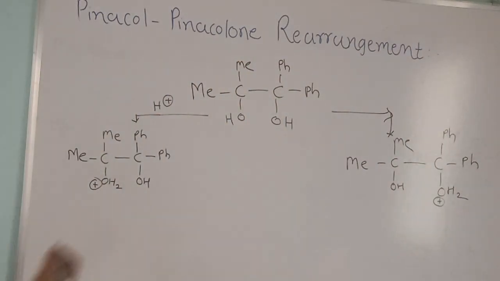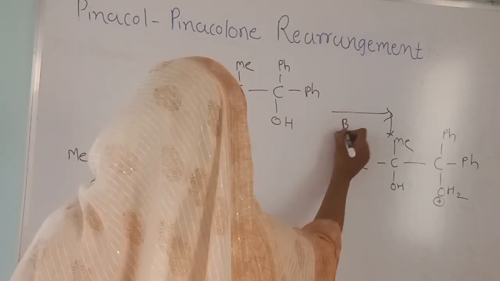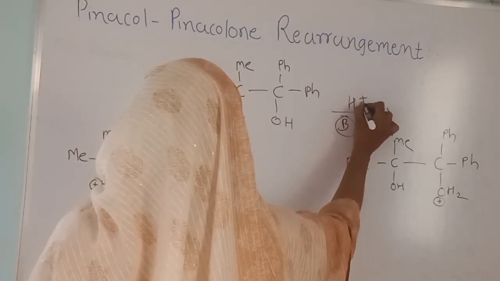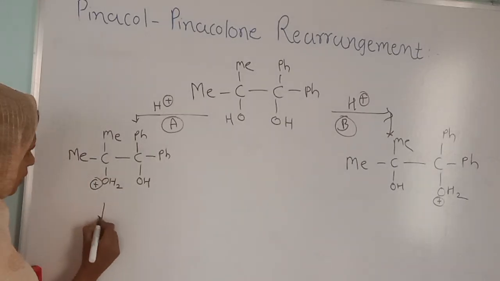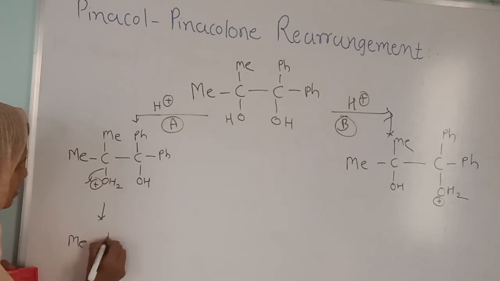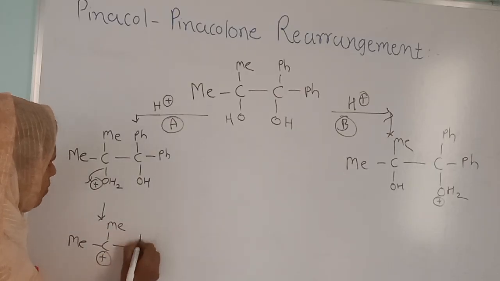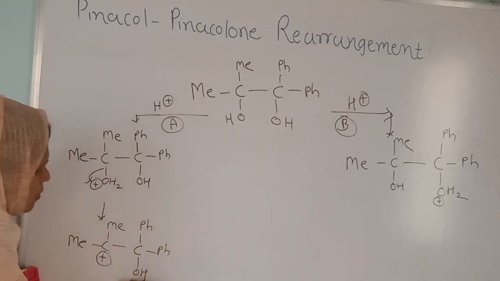Between condition A and condition B, which part is correct? In part A, with loss of this hydroxy group, we get a CMe carbocation with a Ph and hydroxy group.